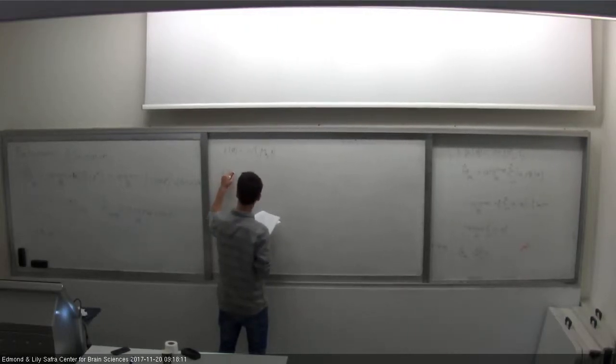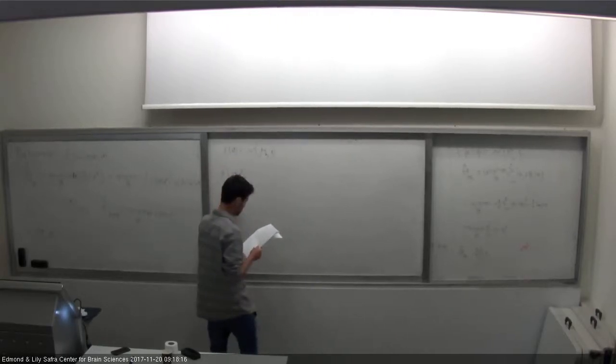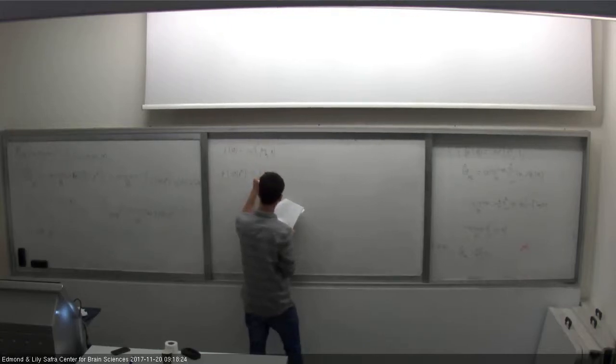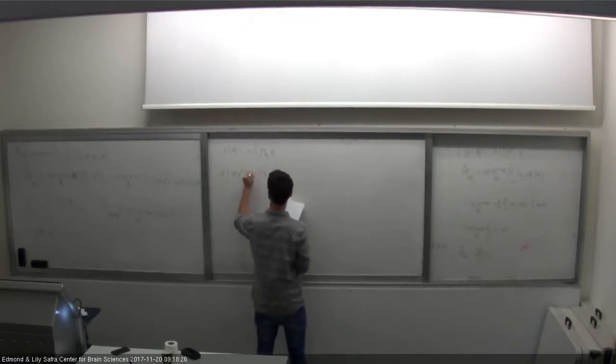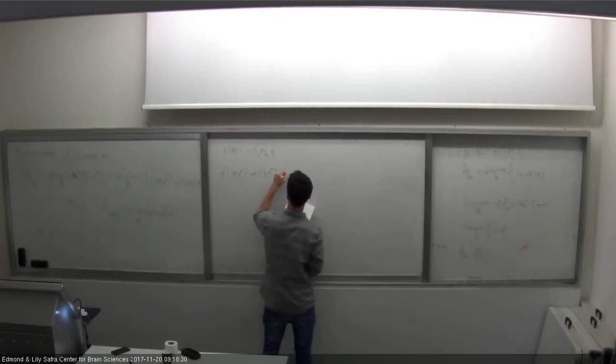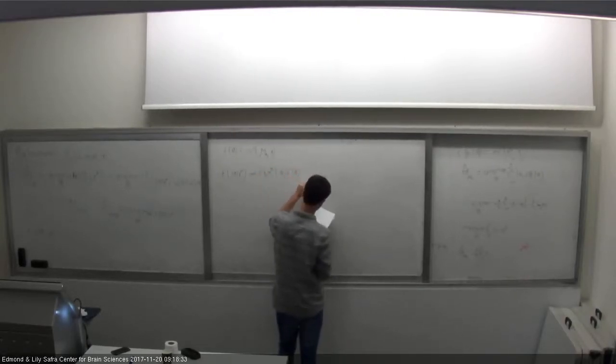So the posterior f of theta given xn is proportional to f of xn given theta times f of theta.